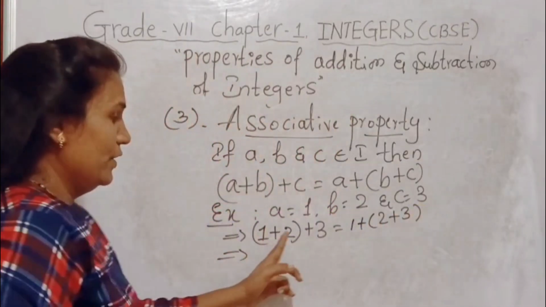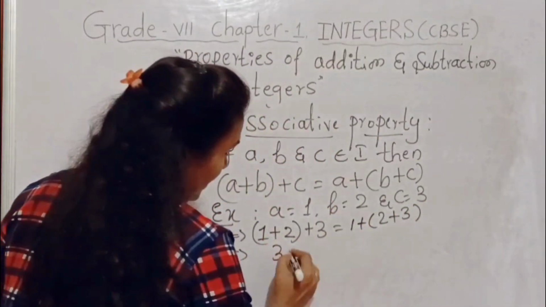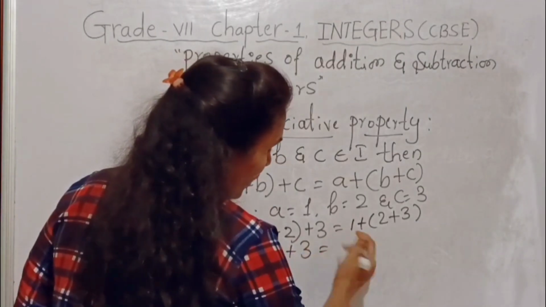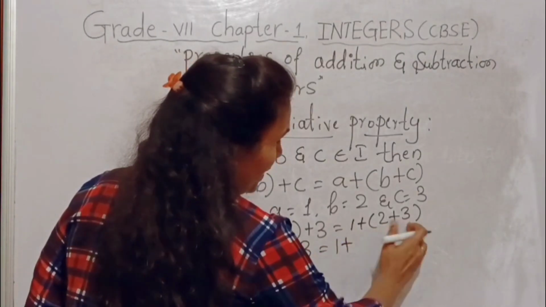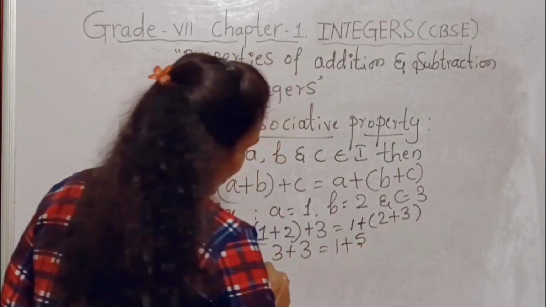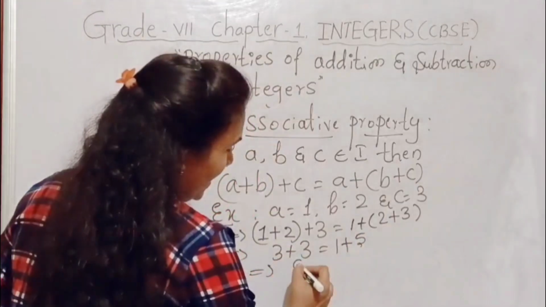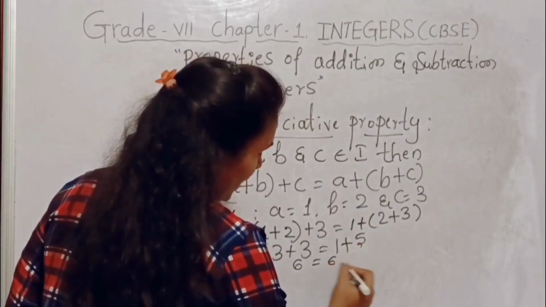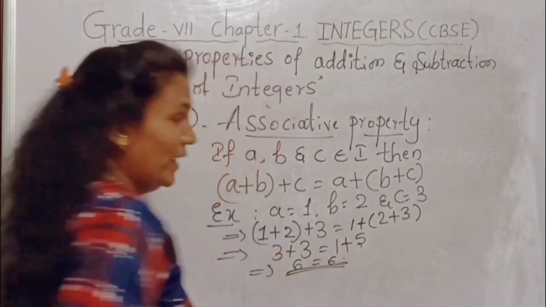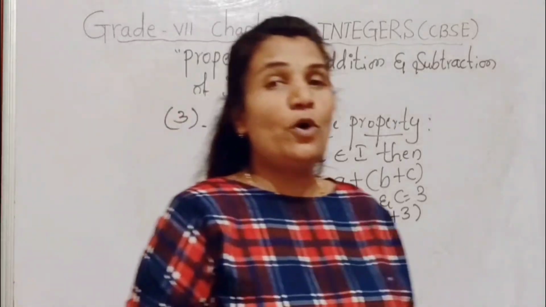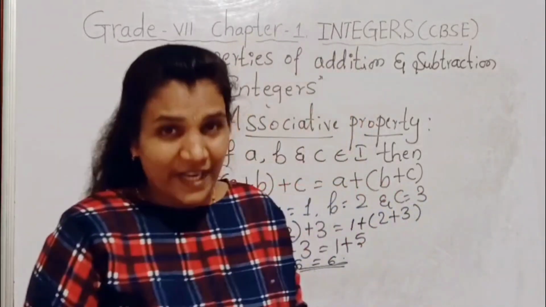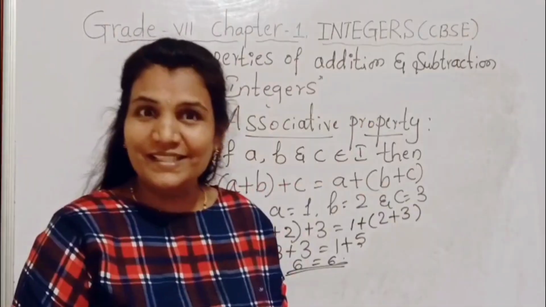Here see, 1 plus 2, 3, plus 3, is equal to 1 plus 2 plus 3. Here 2 plus 3, 5, which implies 3 plus 3, 6, is equal to 5 plus 1, 6. Which means the associative property of addition holds good for the integers.